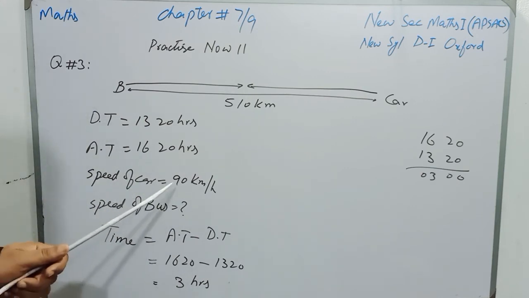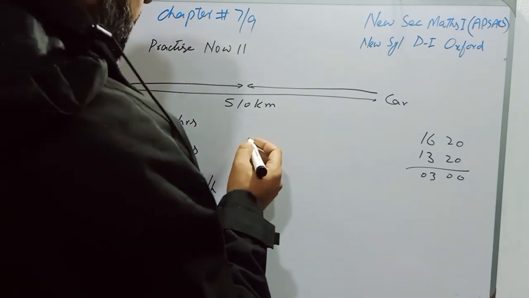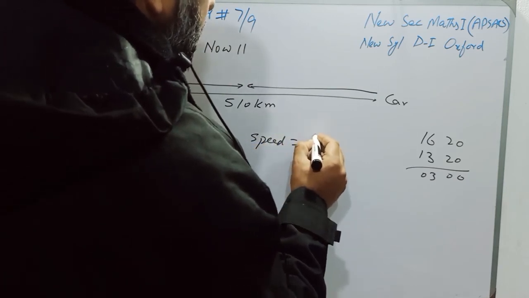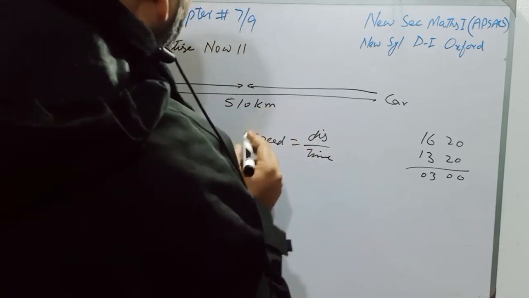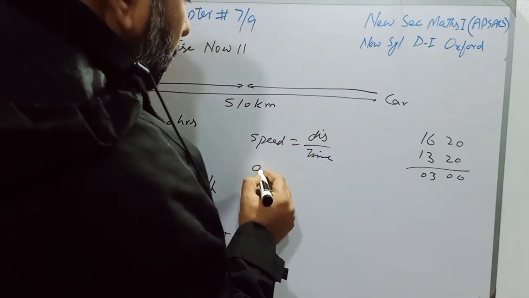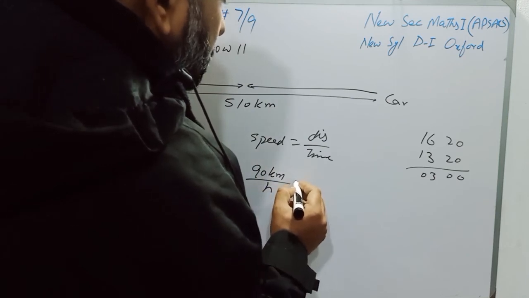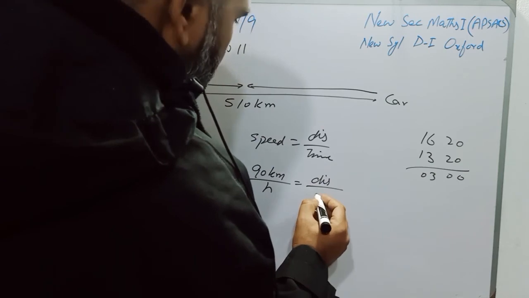And students, speed of car is given. So first we will find the distance travelled by car, and we will apply the formula. Speed is equal to distance over time. Speed of car is given, that is 90 km per hour, and distance we have to find, and time is, students, 3 hours.